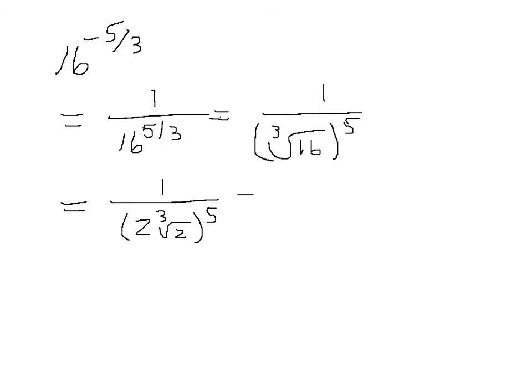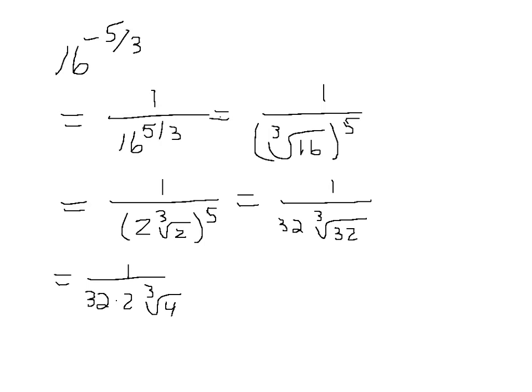So when I raise that to the 5th, I get 1 over 32 times the cube root of 32. Now 32 has a cube root as a factor, which is 8, right? So that will simplify. 1 over 32. The cube root of 8 comes out as a 2, and I'm left with the cube root of 4. But we're not done yet, because we don't want to have a radical in the bottom.